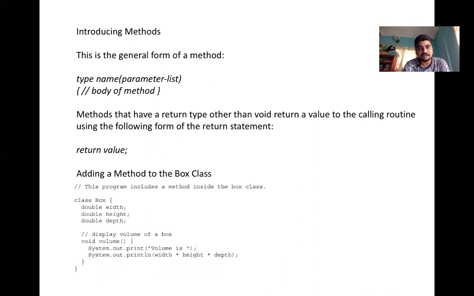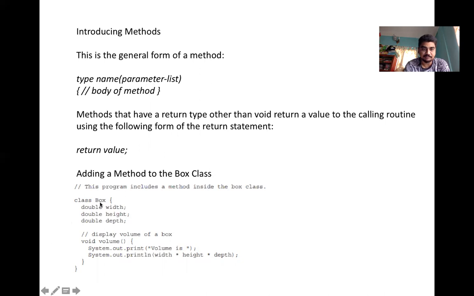Now, talking about methods, a method has a return type, a parameter list, and a body. So how do you return a value? You should write the return value statement. Here is an example of how to add methods inside a Box class.